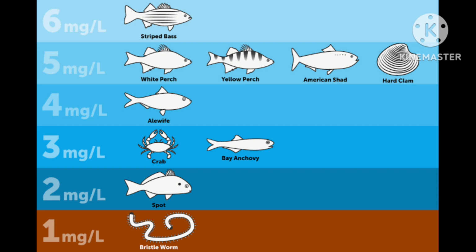Thus, bloom infested water inhibits the growth of other living organisms in the water body. Bloom infested water means the oxygen level is less. That creates a problem for aquatic life.